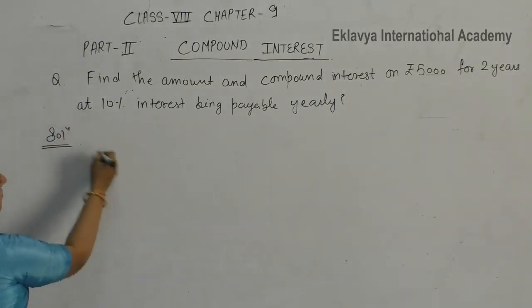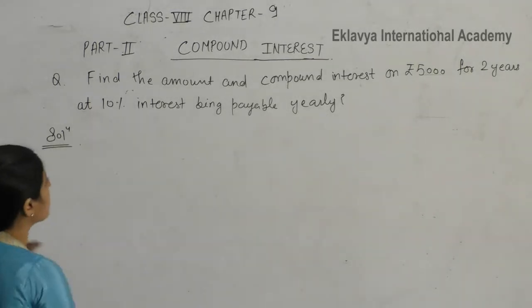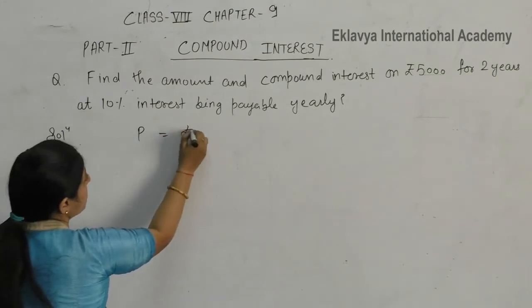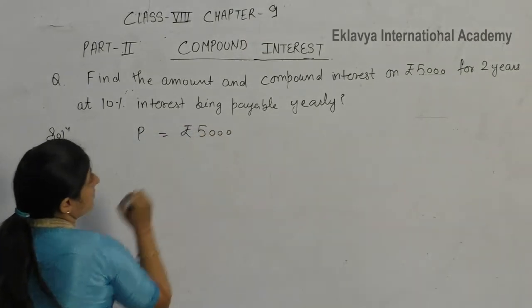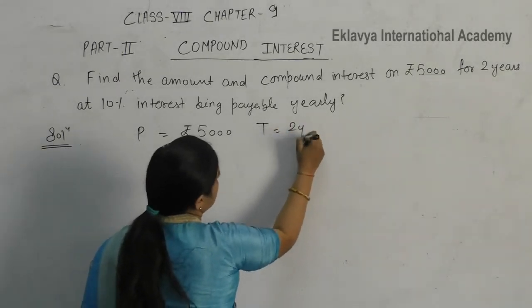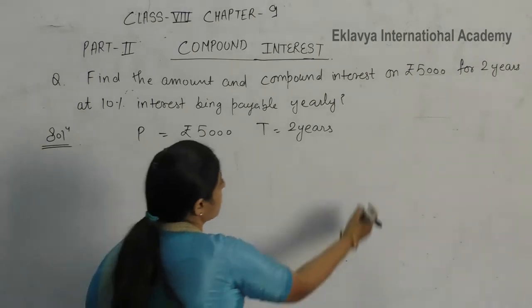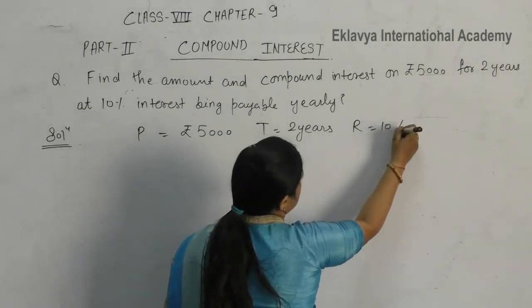Solution: find the amount and compound interest on rupees 5,000. It means your principal is rupees 5,000 for 2 years, so time is equal to 2 years. At 10%, it means rate is equal to 10%.